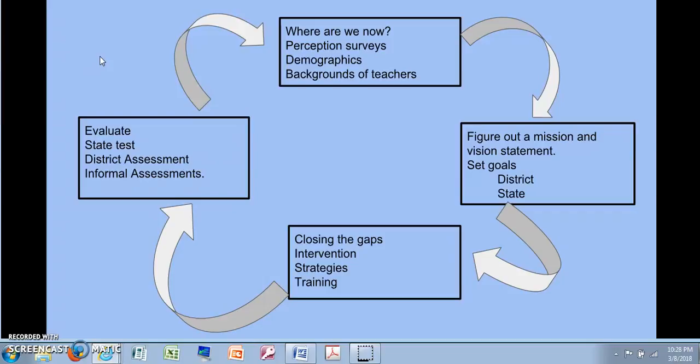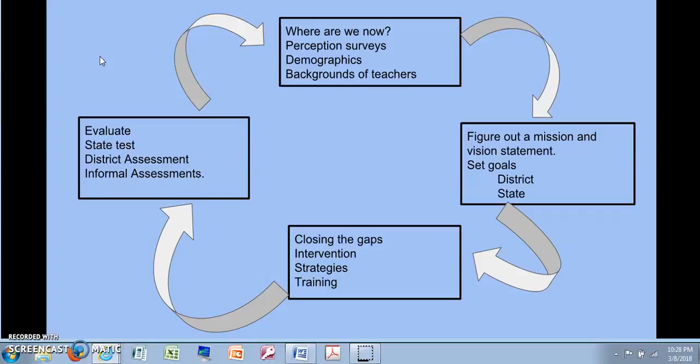Another thing, if we follow our arrow down, that our principal has been working on, which we actually created this year and which was really interesting to watch, is to figure out our mission statement and our vision, and to also set our goals as what the district would want, as what the state wanted, even as what we wanted for our school.